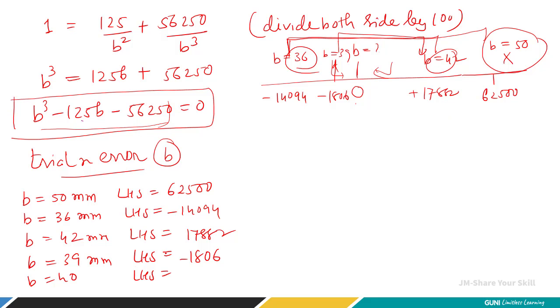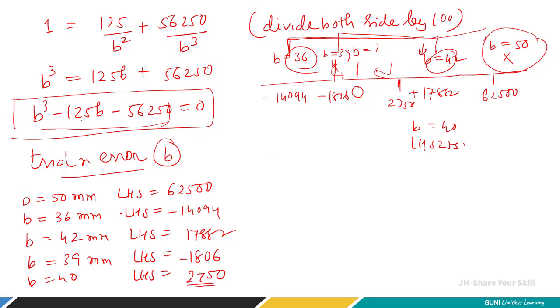But I am taking 40, so I can reach the solution. If I had taken 40.5, definitely this value would be on the higher side. So for b equal to 40, the left hand side comes out to be 2750.